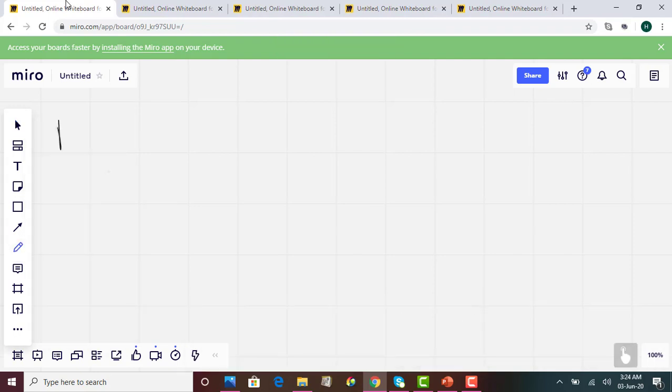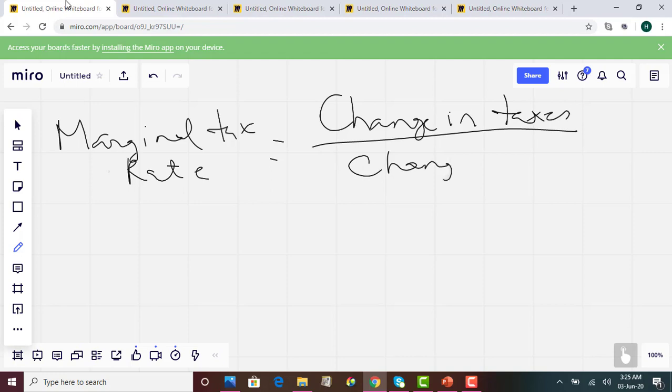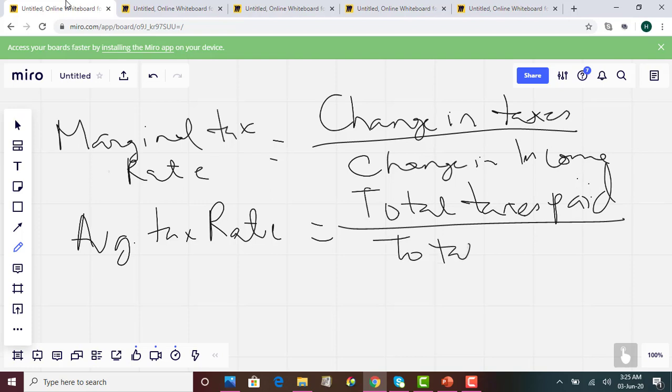Marginal tax rate is calculated using change in taxes divided by change in income, and average tax rate is calculated by using total taxes paid divided by your total income.